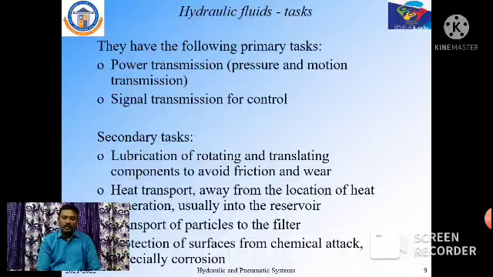Secondary tasks: lubrication of rotating and translating components to avoid friction and wear, heat transport away from the location of heat generation, usually into the reservoir, transport of particles to the filter, and protection of surfaces from chemical attack, especially corrosion.